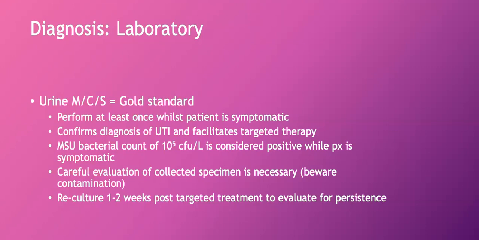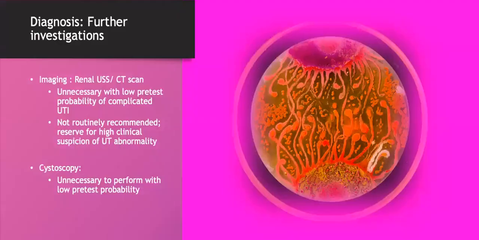And you need to do a careful evaluation of the collected specimen, because there's always that risk of contamination of the specimen, which will lead to overtreatment or false diagnosis. Patients then need to be recultured 1 to 2 weeks post-targeted treatment to evaluate for bacterial persistence.